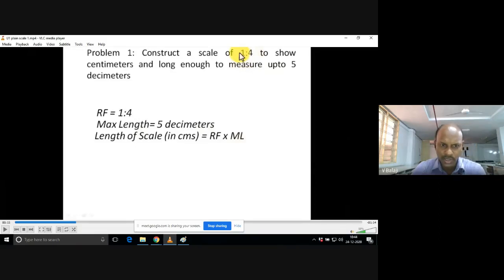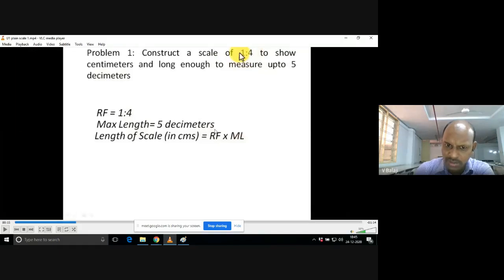Now you need to design a scale. That scale length must be maximum of 5 decimeters. So you write down, this is also important, maximum length ML, 5 decimeters. Now importantly, you need to draw one rectangular scale or rectangular box on the drawing sheet.